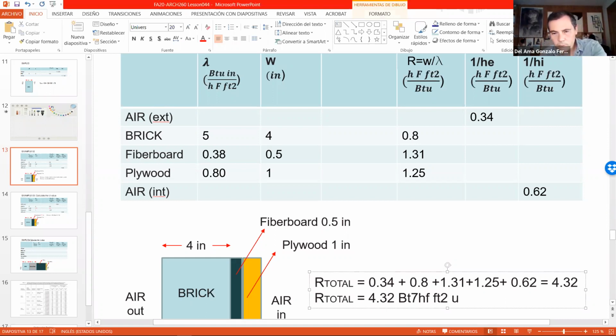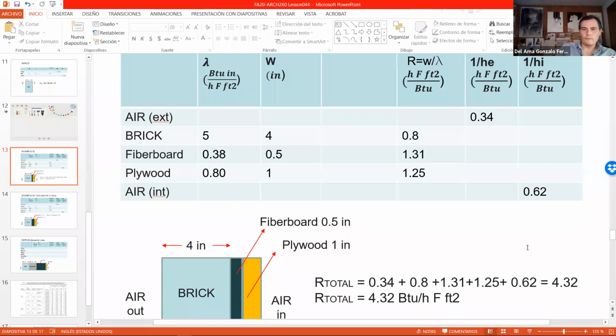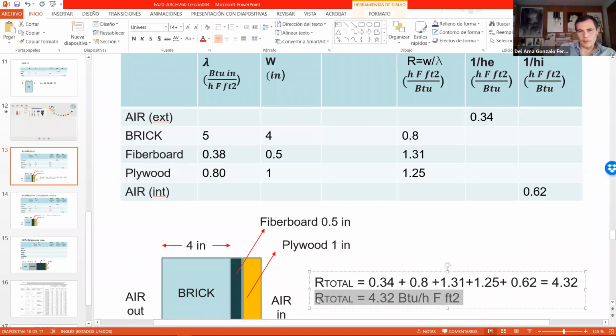Good. BTU hour Fahrenheit square. Okay, this is the correct answer.